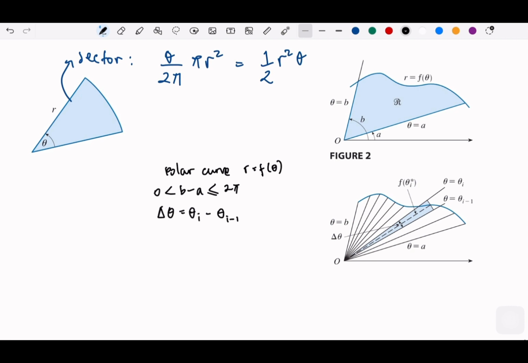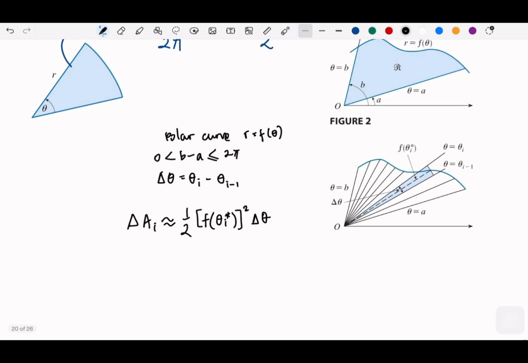and then you could have the delta area. It will approximate half, we are going to use the sector. The r is a function of theta, so let me write theta i asterisk squared delta theta.